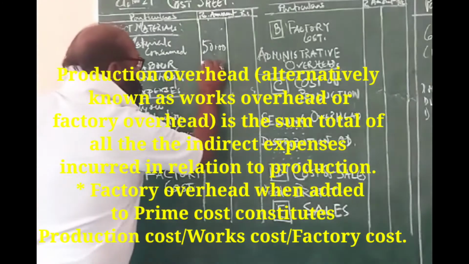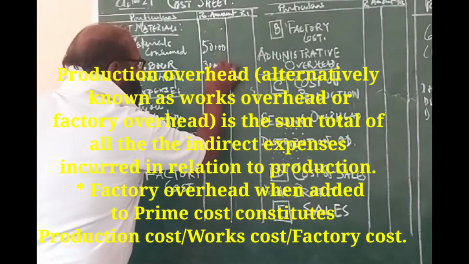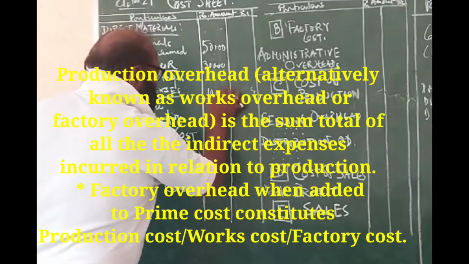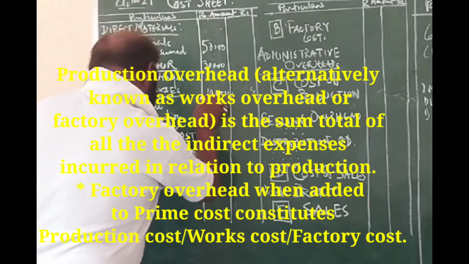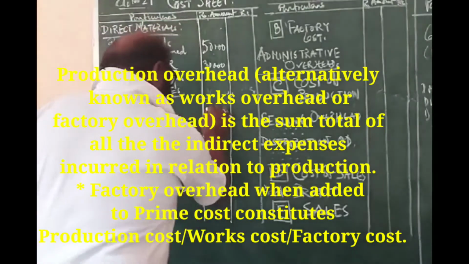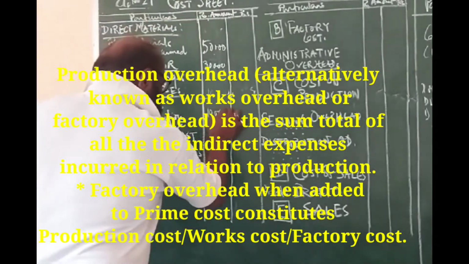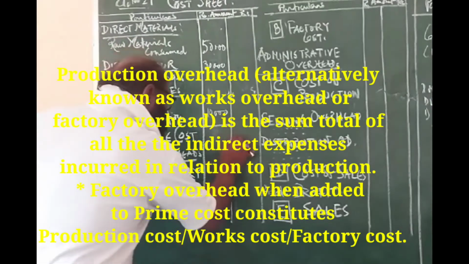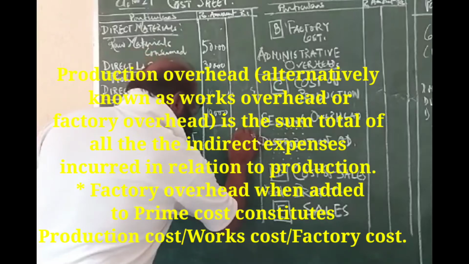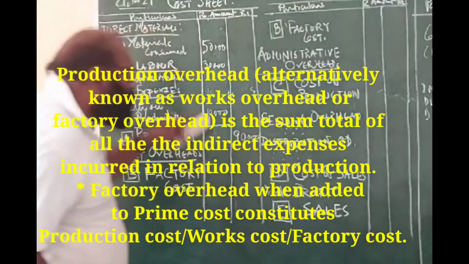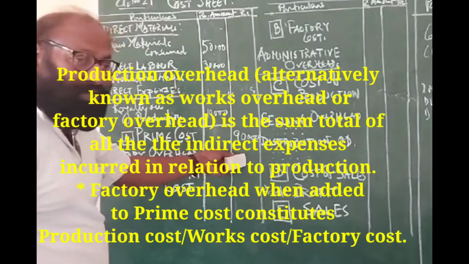The direct labor is 30,000. Now direct expenses 10,000, which is right under the head of production. And that is your prime cost. So how much is it? It is 90,000. So 90,000 is your prime cost.